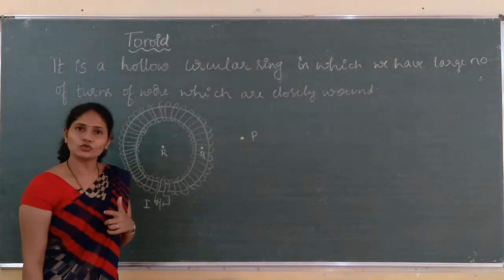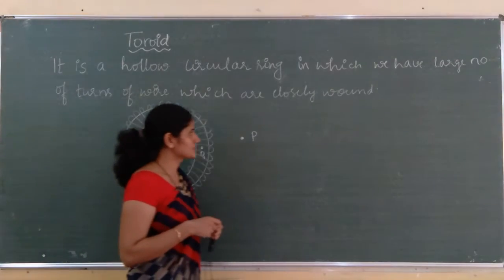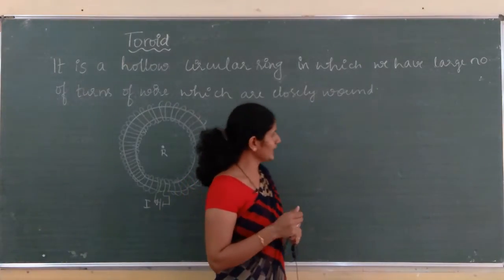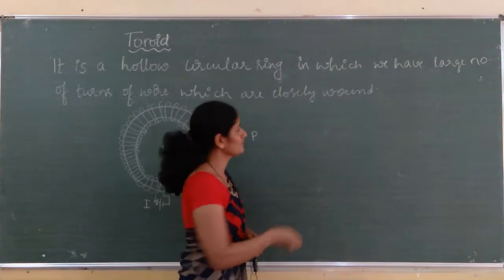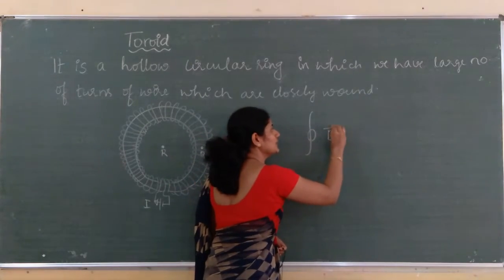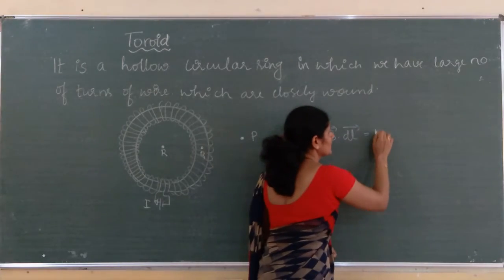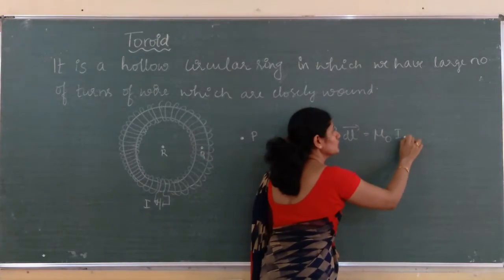I hope all of you know about Ampere's circuital law. What it states, according to Ampere's circuital law, the closed line integral of B dot dl is equal to mu naught into I_E.